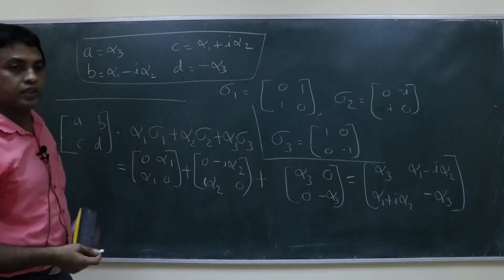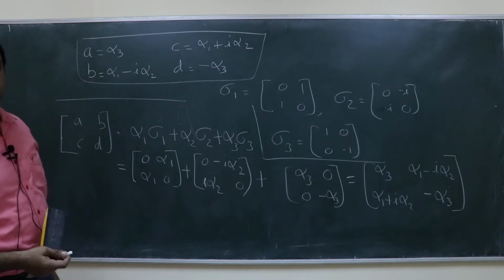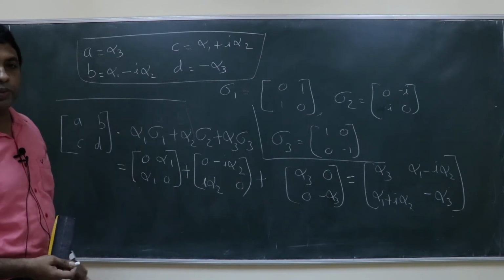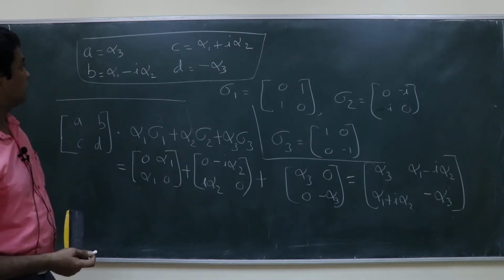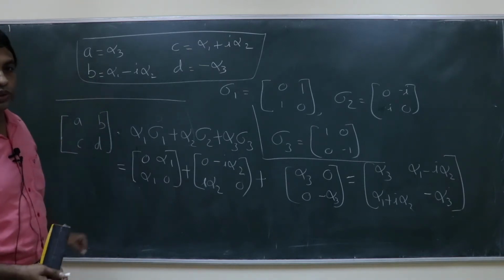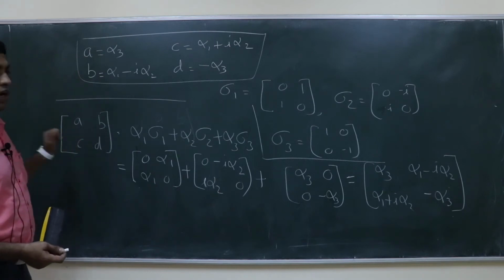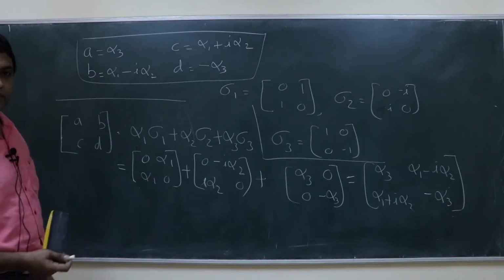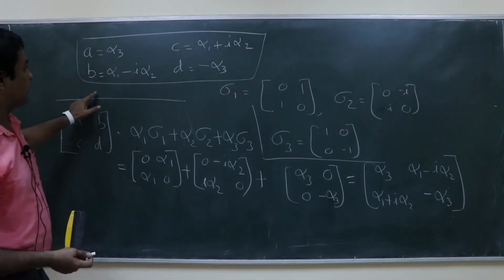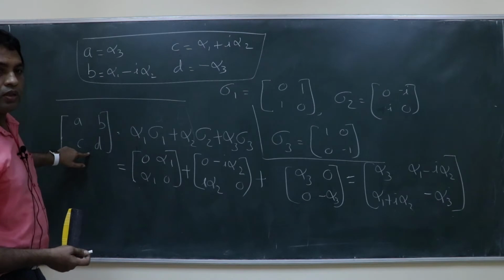Is there any problem with this? Yes, sir. So, what is the problem? Sir, we can only define matrices if A is equal to minus D. Yes, if A is equal to minus D, okay, so only such matrices I can write like this. So that is one drawback you can see.